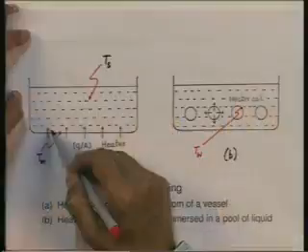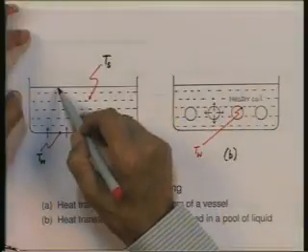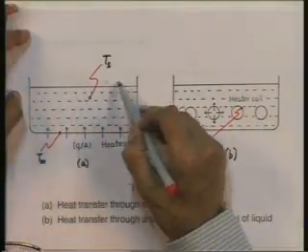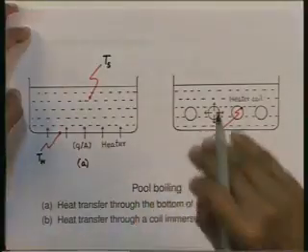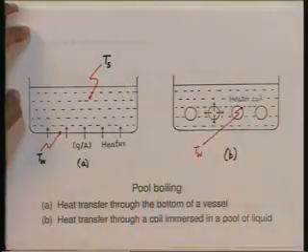There is really no boiling taking place, it is more of a natural convection occurring inside the pool of liquid, the superheated liquid rising to the surface, and evaporation taking place from the surface in the form of vapor, which comes off from this free surface of the liquid.